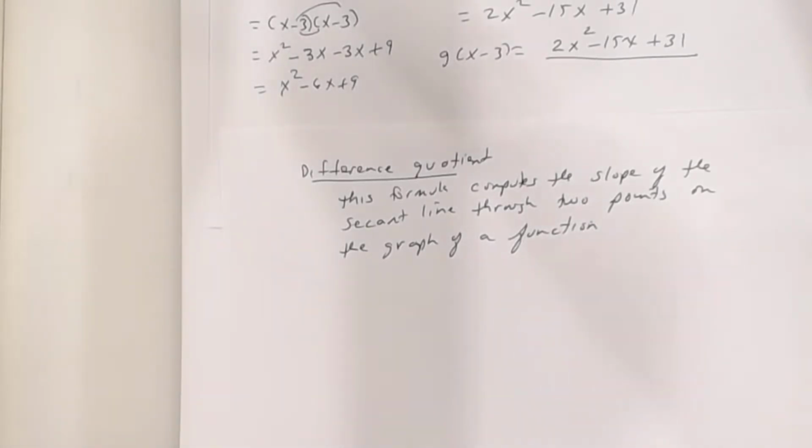Okay? So the difference quotient computes the slope of the secant line through 2 points on the graph of a function.